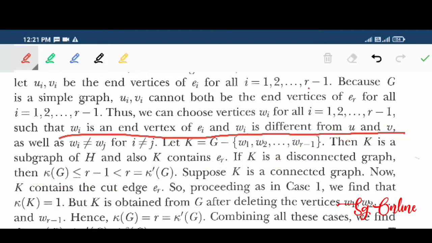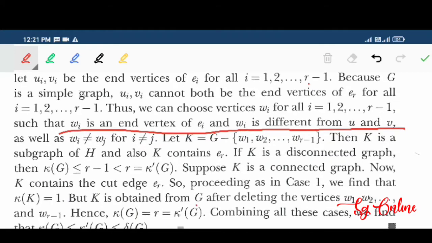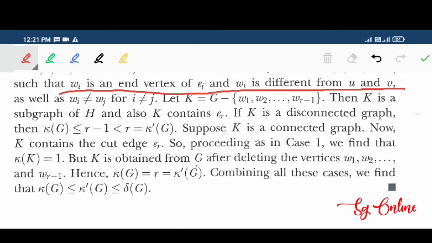If K is a connected graph, then K contains the cartridge ER. Already we have proved this in the second case. Here there is a printing mistake. Actually it will be case 2. You can make the correction in the book you have. In the second case, we have proved that the existence of a cartridge gives you the existence of a cut vertex.